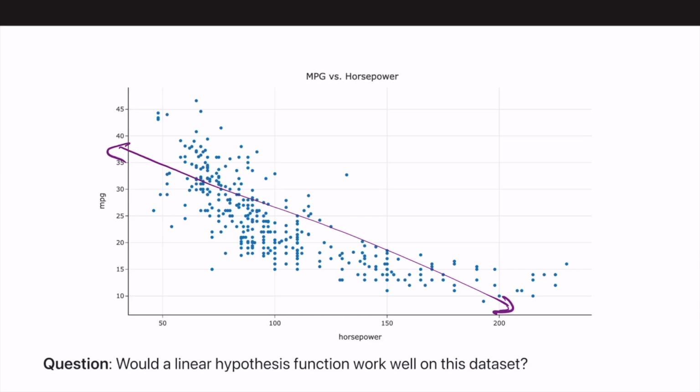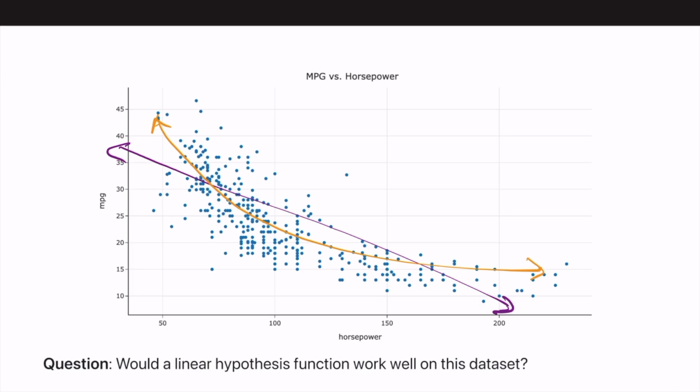But we could probably do better, with something that looks a little more quadratic like this, which could be a better way to model this data. So how could we build a hypothesis function that would allow us to work with this? How can we do this?